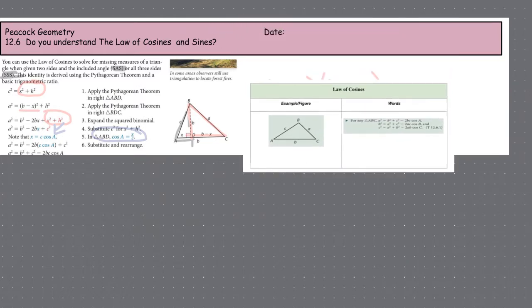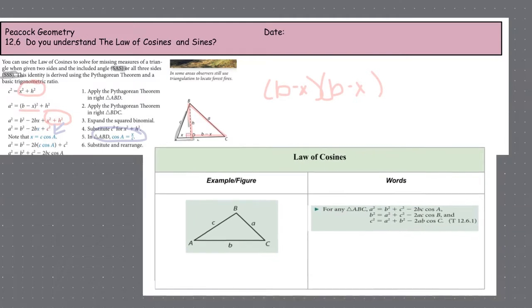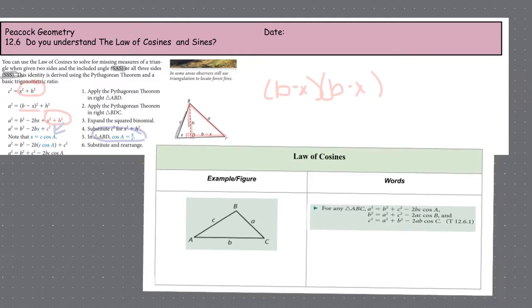Then all we have to do is some rewriting and rearranging using our commutative property. And we get a squared is equal to b squared plus c squared minus 2bc cosine of a. Now, some of you tuned me out and you're like, I am done listening to this woman. She is confusing me. But what I don't want you to tune out is this box right here that I'm bringing in. This is your law of cosines.